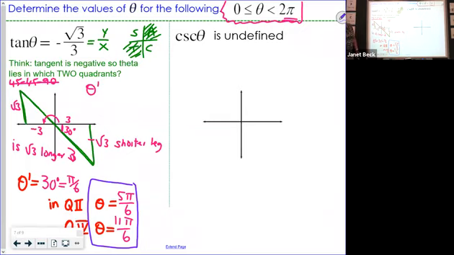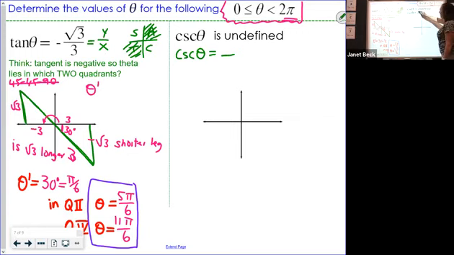The next question is a really interesting one. Cosecant theta is undefined, and we're going to have to find at least one angle, normally 2, for which that's true. So let's think about a cosecant. A cosecant is a ratio of which two sides?